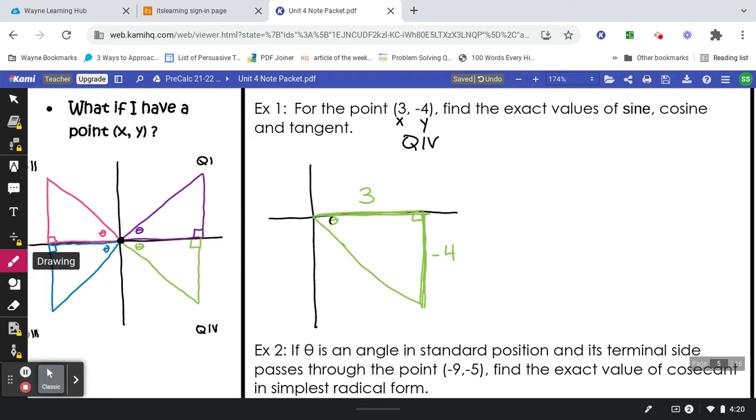So this is my theta, which means this would be the opposite, adjacent, hypotenuse. And we'll do Pythagorean theorem, 3 squared plus -4 squared equals c squared, and we'll solve that out.